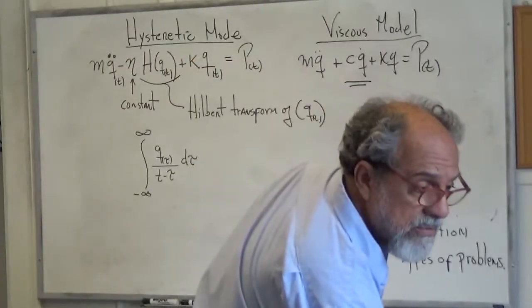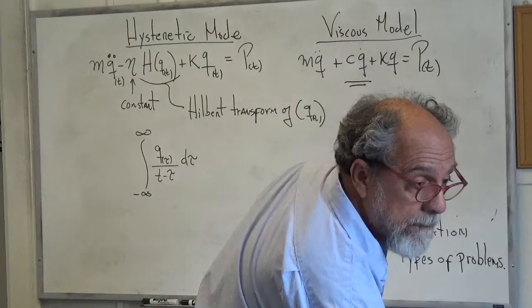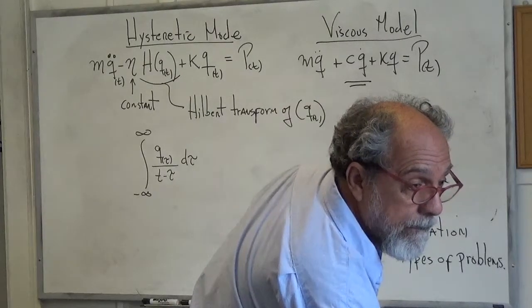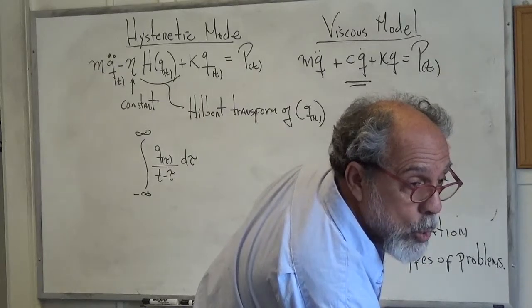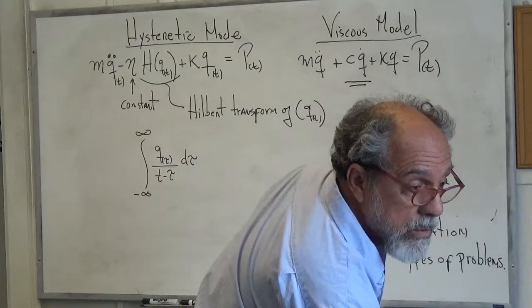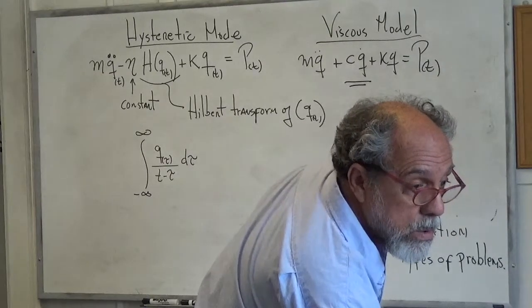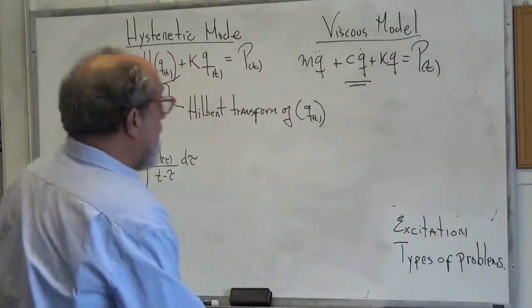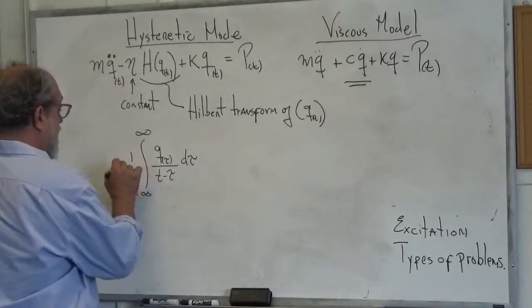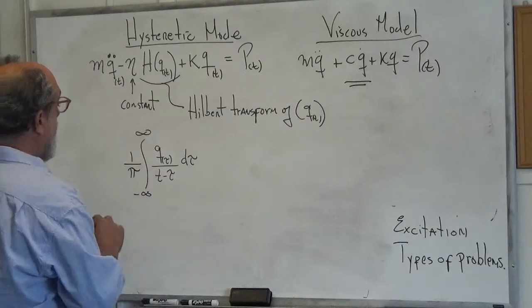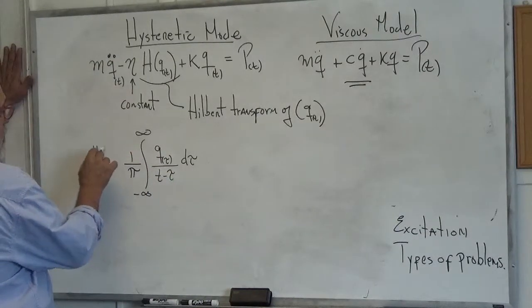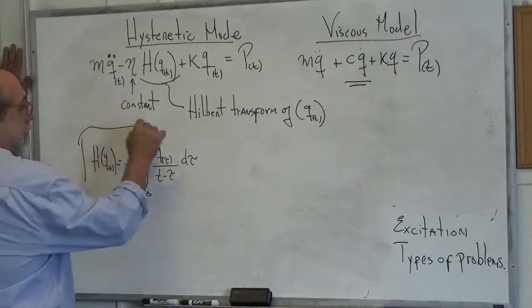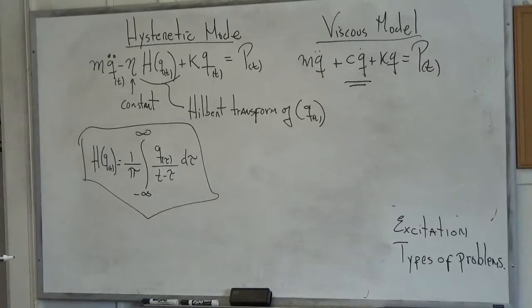Let me remind myself. Yeah, 1 over pi. Yeah, and there's a 1 over pi here. So this is the Hilbert transform of Qt. Okay?